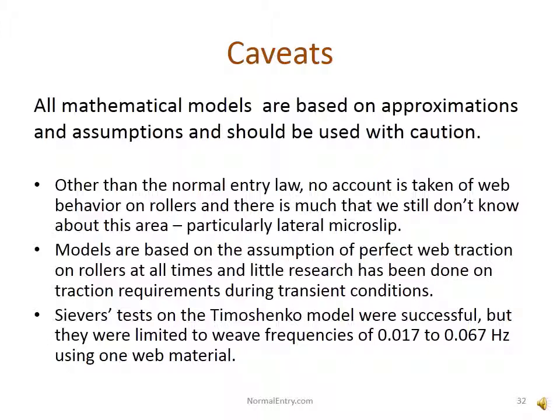Models are based on the assumption of perfect web traction on rollers at all times, and little research has been done on traction requirements during transient conditions. Sievers' tests on the Timoshenko model were successful, but they were limited to weave frequencies of 17 thousandths to 67 thousandths of a hertz, using only one web material.